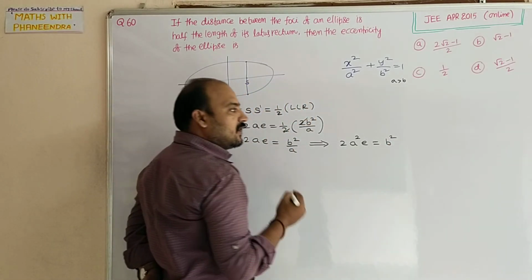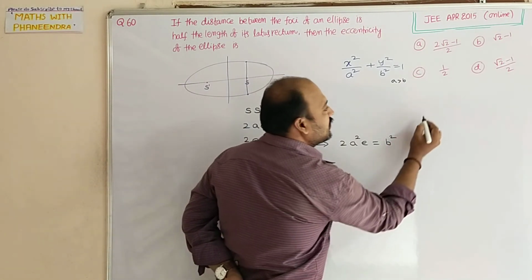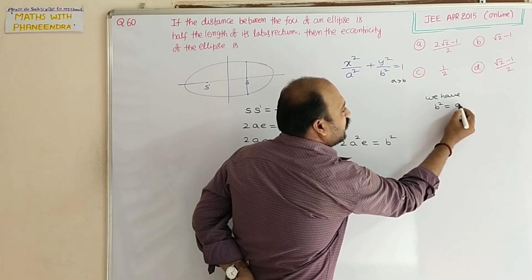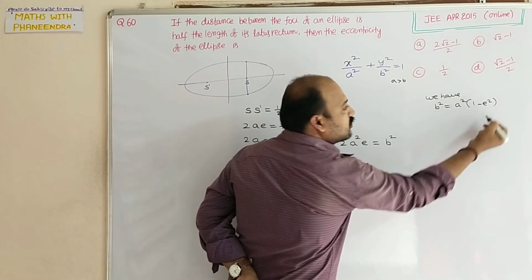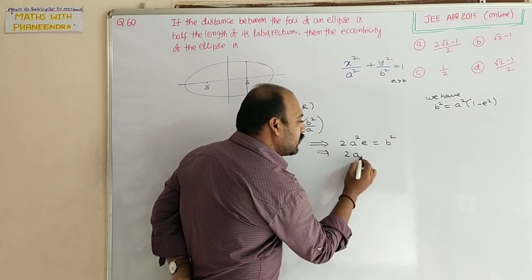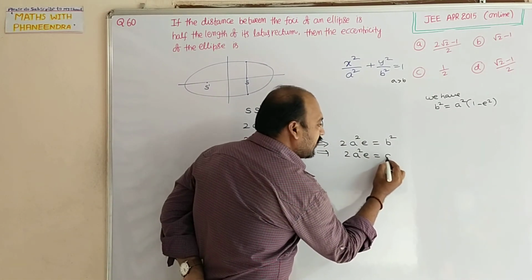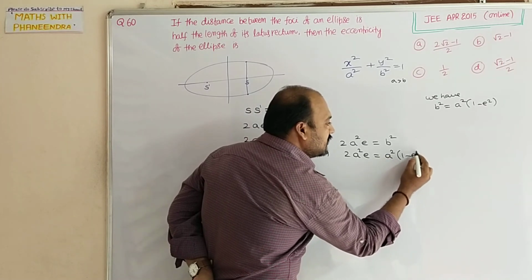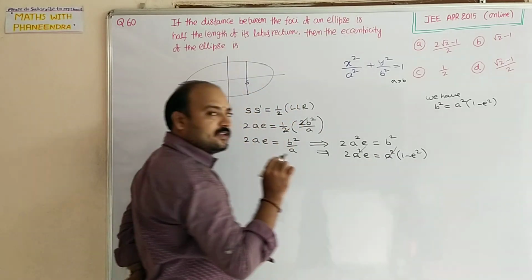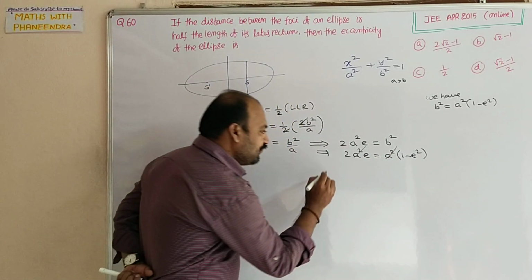I already said that b square can be written as a square into 1 minus e square. So in place of b square, 2a square e equal to a square into 1 minus e square.